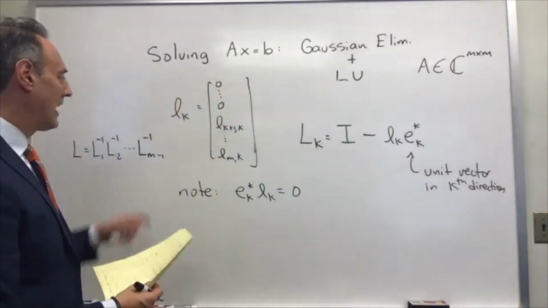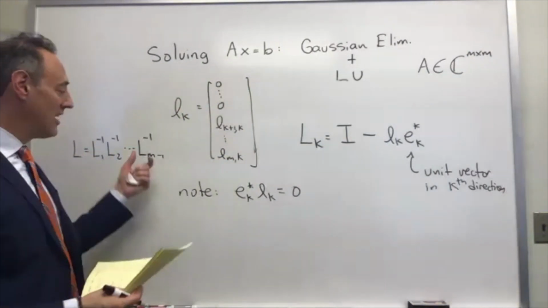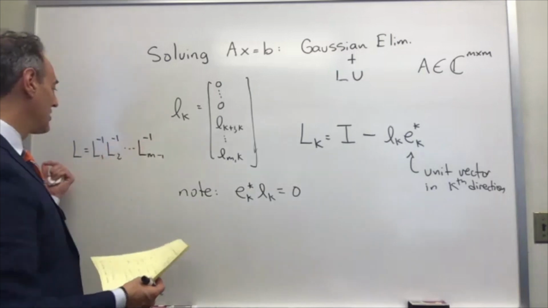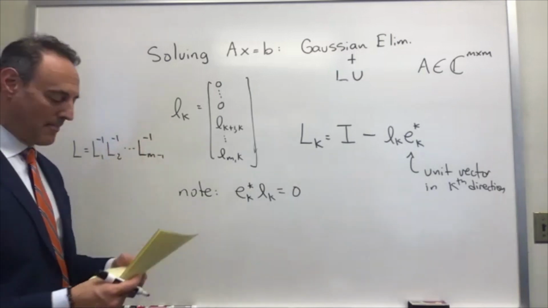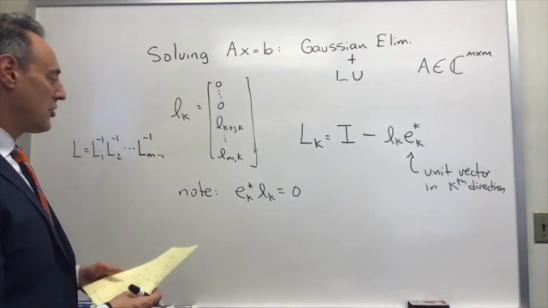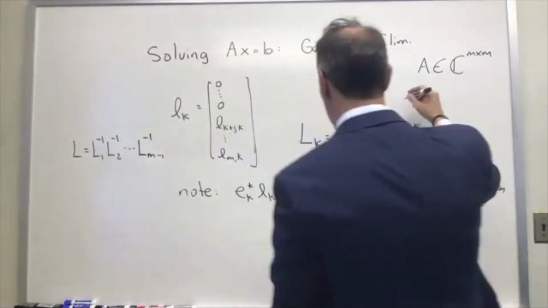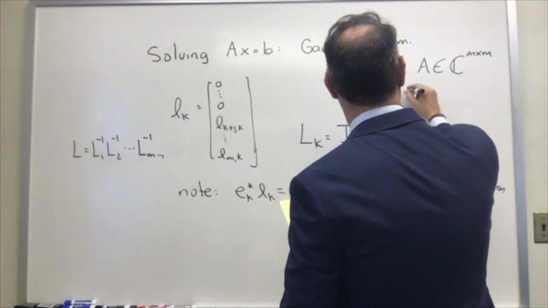You'll see that the inverses themselves are lower triangular, and then the multiplication of these together is trivial at that point. So here's the observation you want to make. Outer product is this. You have this inner product.